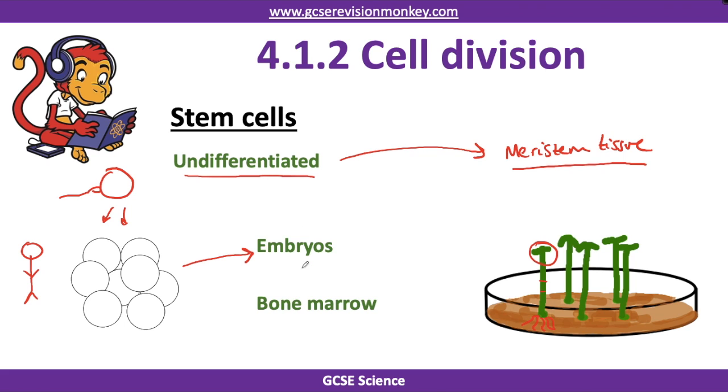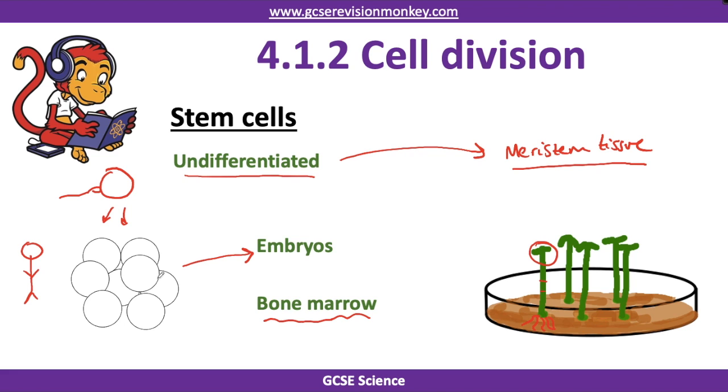Whereas in humans, we have this ball of undifferentiated cells when we are at the embryo stage, but as we develop into a human organism, our stem cells are much more limited. We only have them in our bone marrow to make a few different types of cells, whereas in plants, the meristem tissue remains undifferentiated for the whole lifetime of the plant.